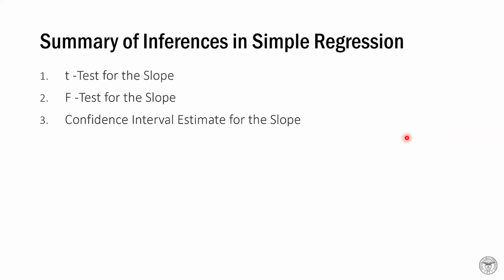In summary, in this video, we have learned how to conduct the t-test, f-test, and their p-values, and the confidence interval estimate based on the Excel output. There are two ways to do that. One is using some information from the Excel output to compute those test statistics.